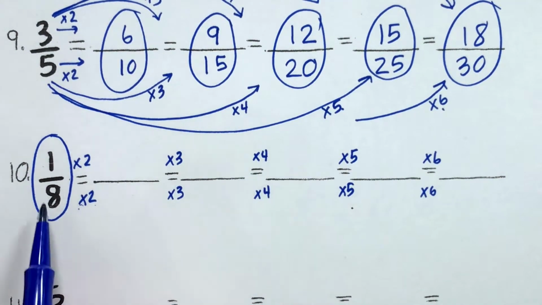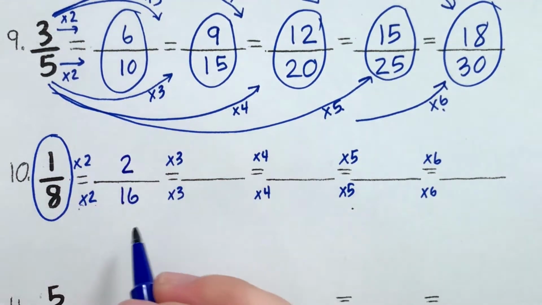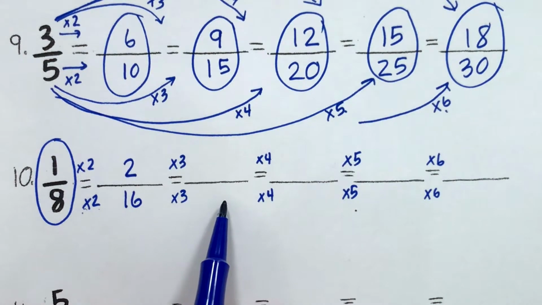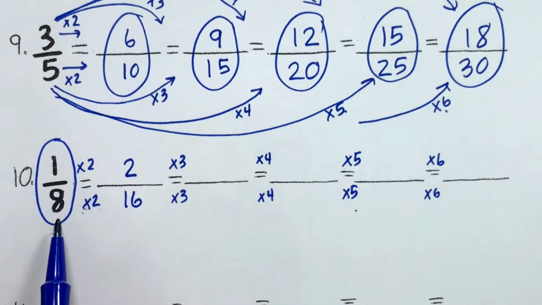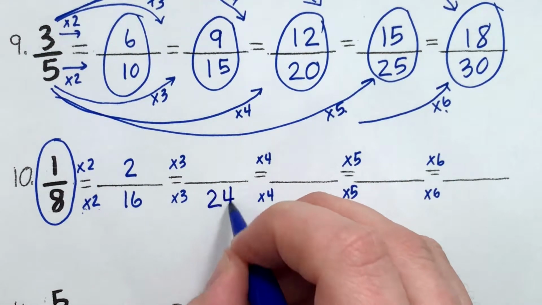So 1/8, 8 times 2, 16. 1 times 2 is 2. All right, that's our first equivalent fraction. But now, instead of making the mistake of saying, okay, now 16 times 3, because that's not going to work, we need to go back to the 8. 8 times 3, 24.